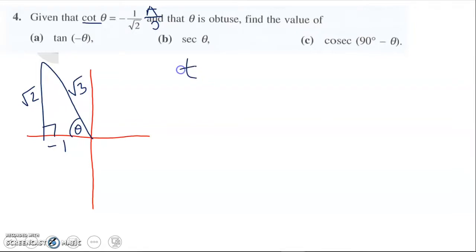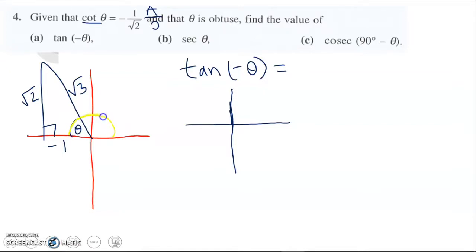Well, A is asking us to do tangent negative theta. Now let me actually redraw this because it might help out for us to determine what this is. I'm going to erase this in a second. Now look, if tangent theta, or in this case, if cotangent theta is going in a positive direction like this, stops right there, then negative theta is going to go in the opposite direction.